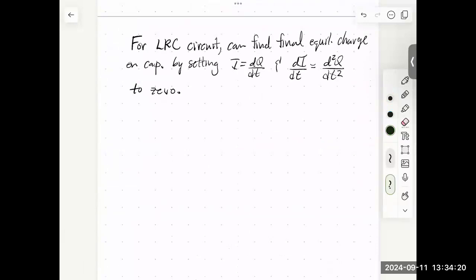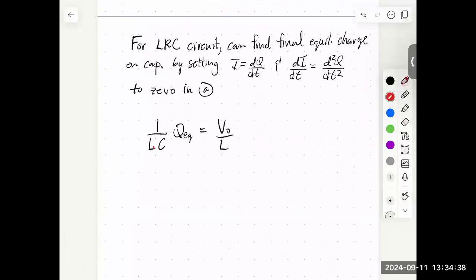So set it to 0, let's say in A. And so we have 1 over LC times Q equilibrium, a long time after we flip the switch up, has to be equal to V naught, the battery voltage, divided by L. So we'll get rid of that factor of L. And so therefore Q equilibrium is just going to be C times V naught.